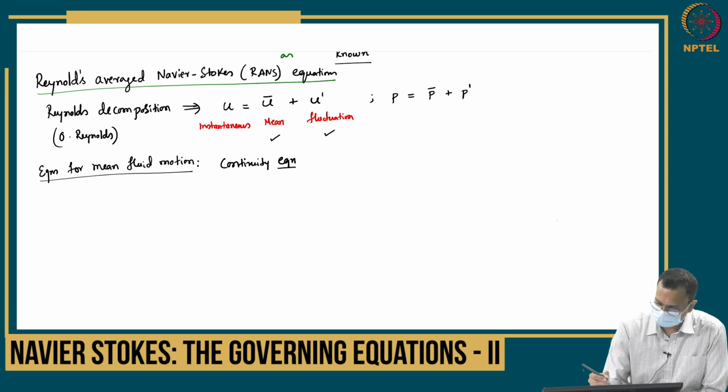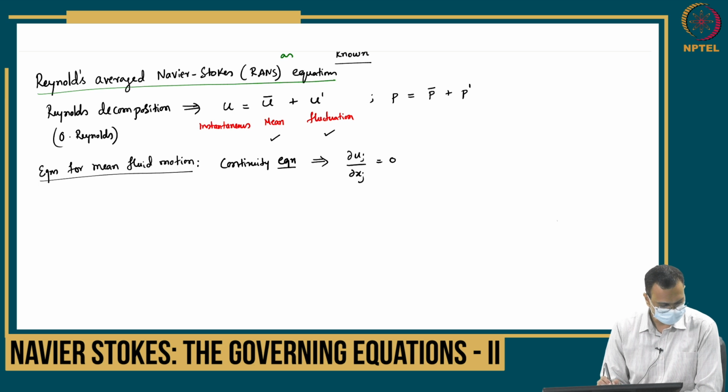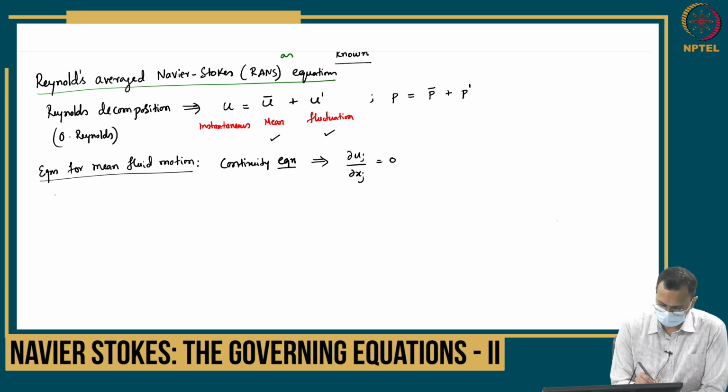Continuity equation we take, which is dou uj by dou xj equal to 0. So I am going to split this into two, that is Reynolds decompose and ensemble average.